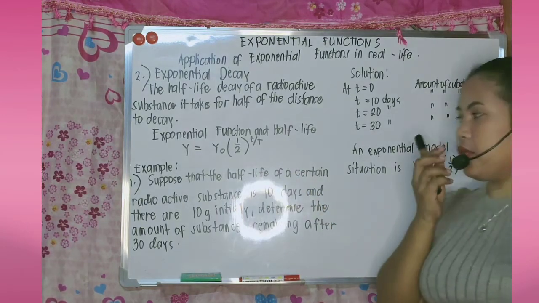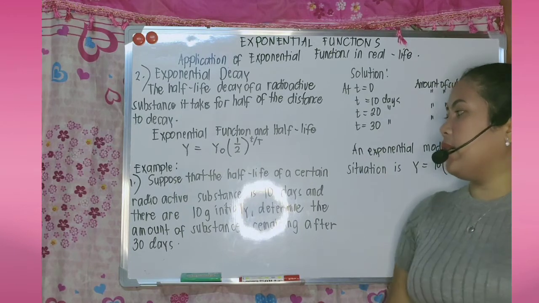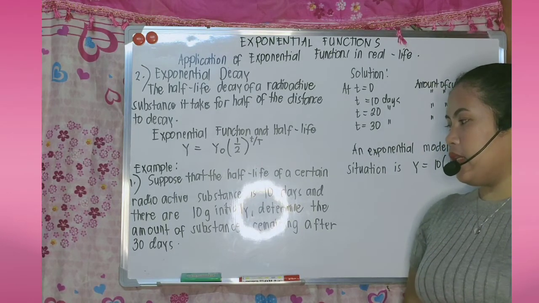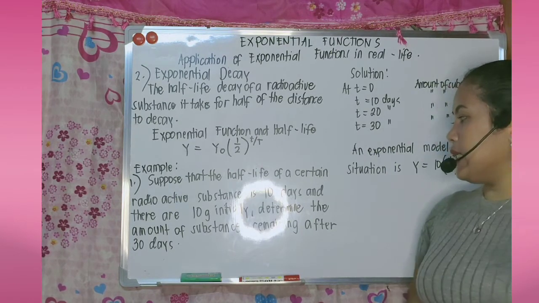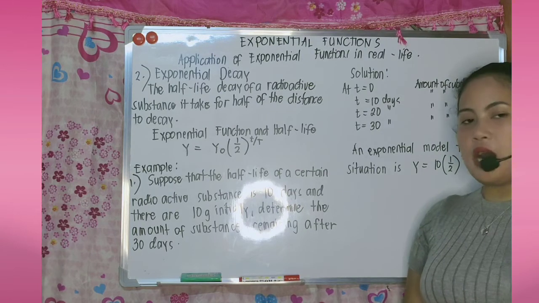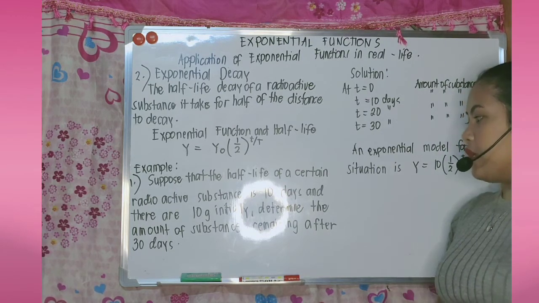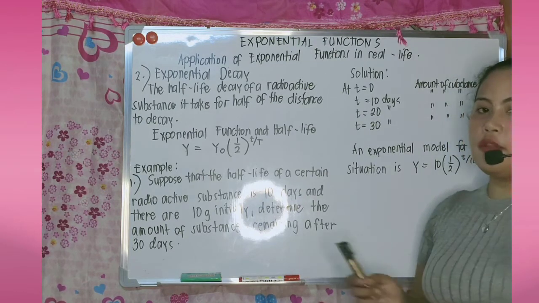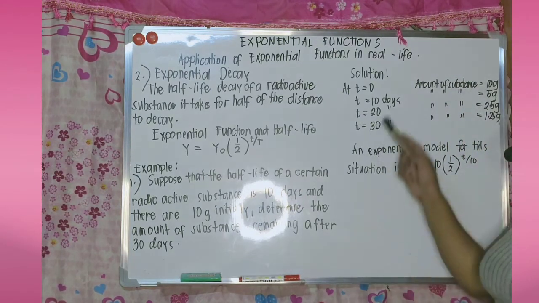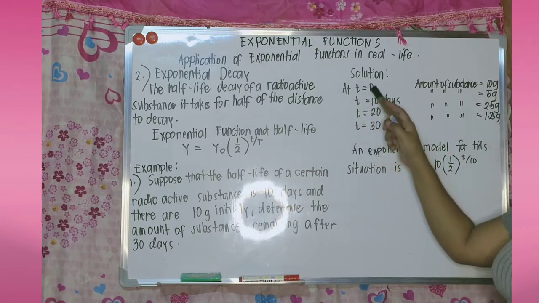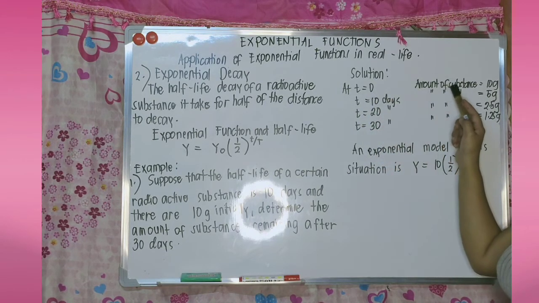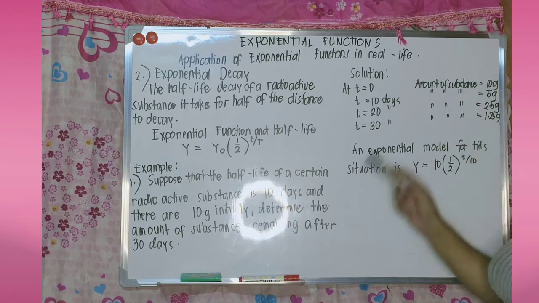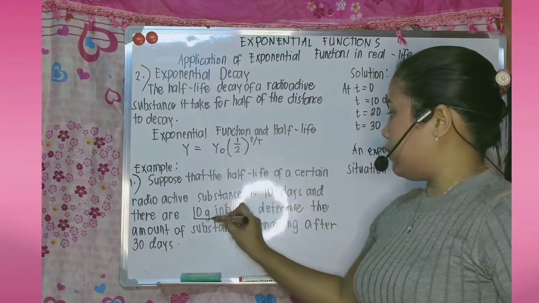Okay? So, example number 1, suppose that the half-life of a certain radioactive substance is 10 days and there are 10 grams initially. Determine the amount of substance remaining after 30 days. Okay? So, ito yung solution natin. So, at t equals 0, the amount of substance is 10 grams. So, ito po siya galing dito. Okay, 10 grams.